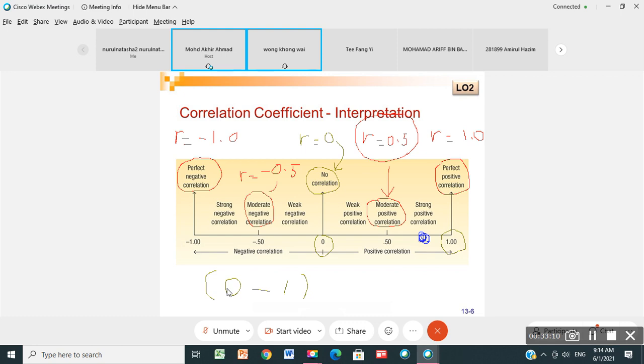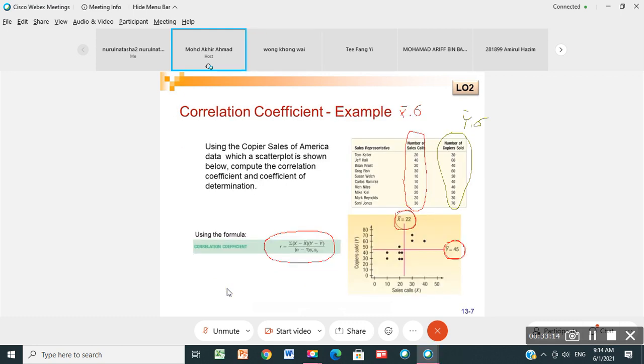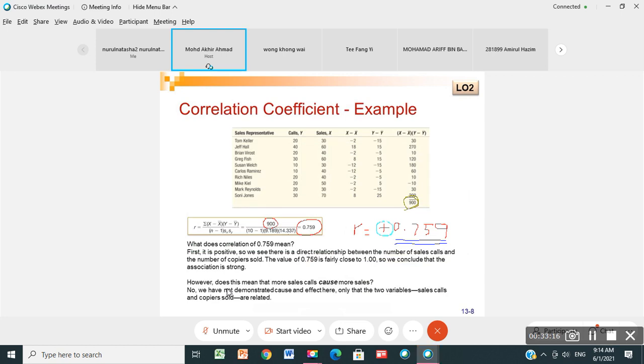Strong positive correlation. So from this result, we can say the relationship is positive and the correlation is strong.